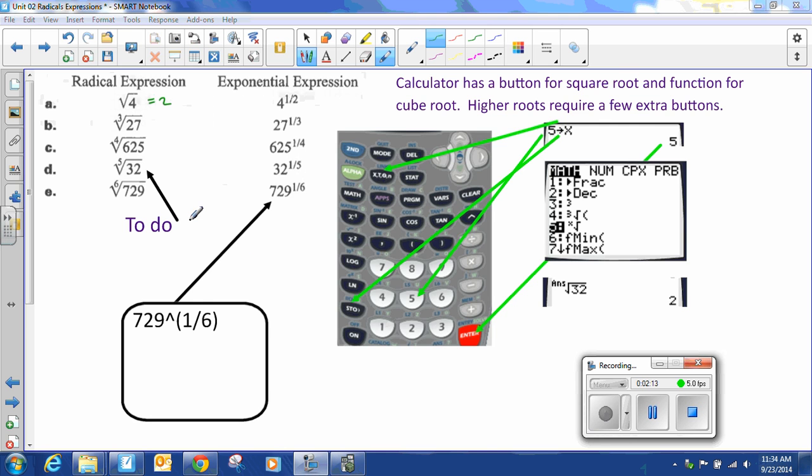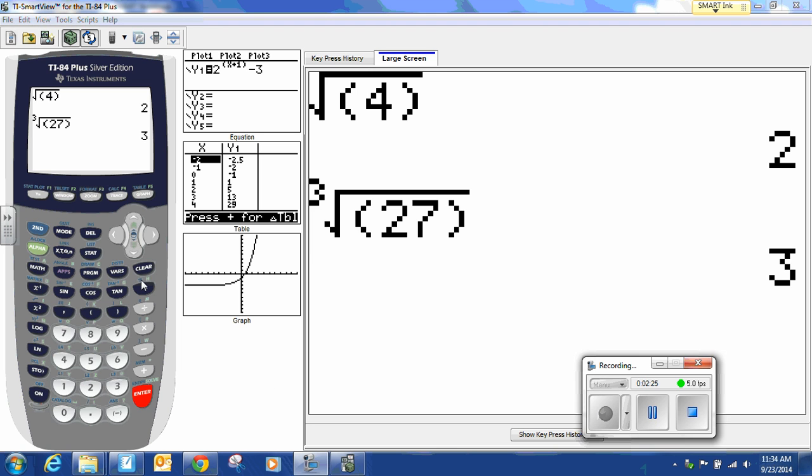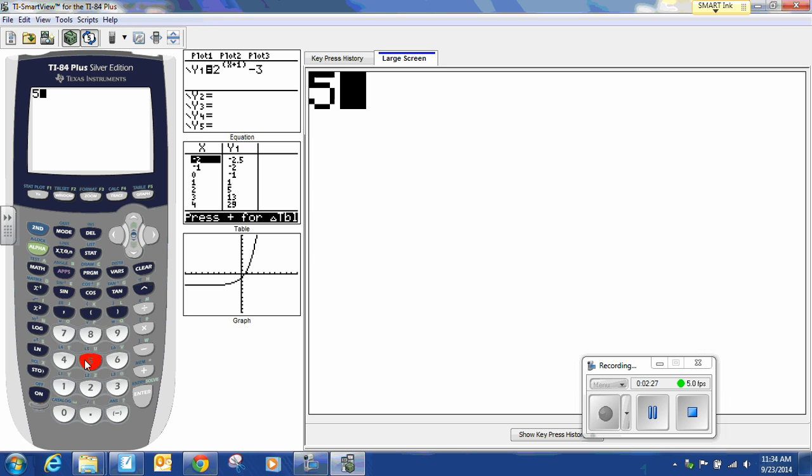To take higher roots than the cube root, so 4th root, 5th root, and 6th root, you need to actually store a value into x. So we'll see how to do that. We want to store the value 5, use the store button, STO, into the variable x. Press enter, and now it's stored.